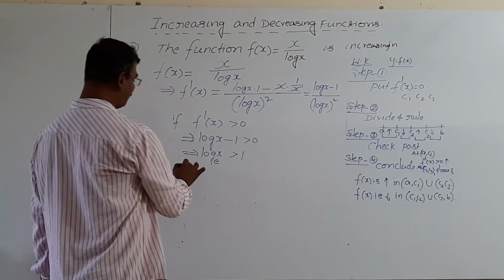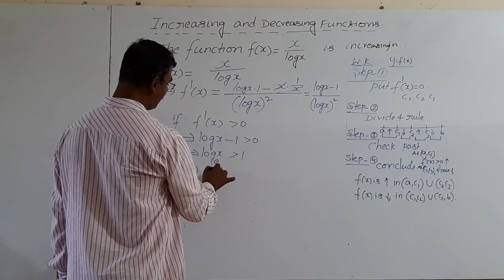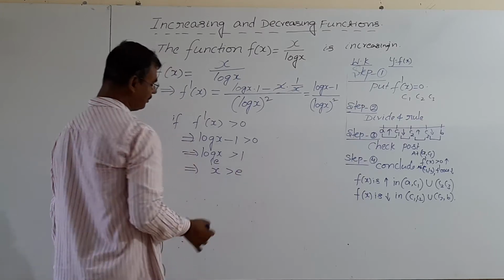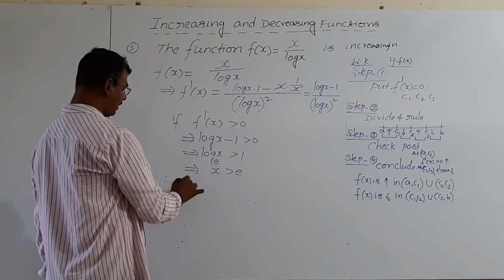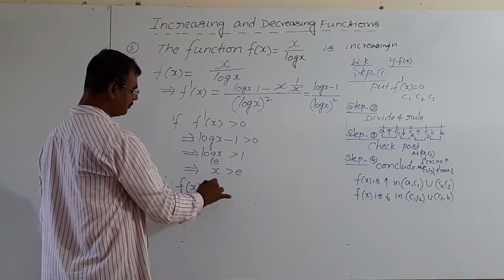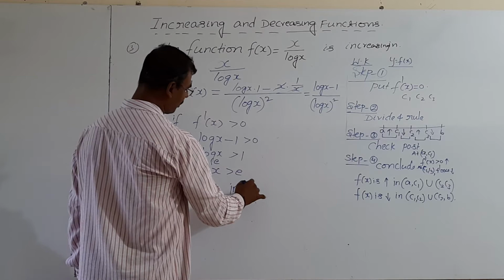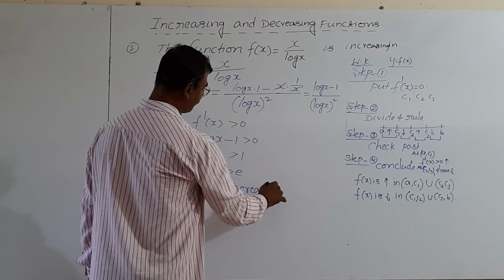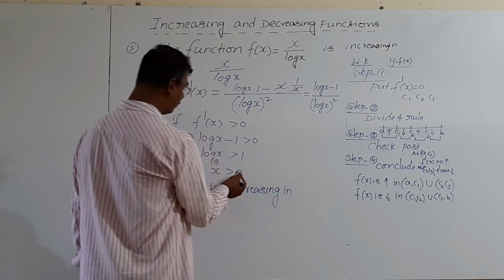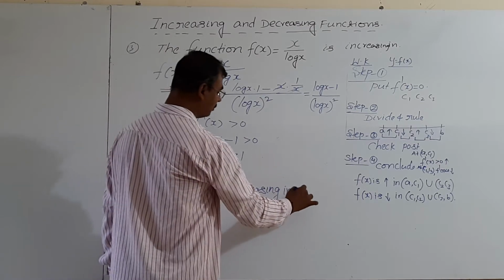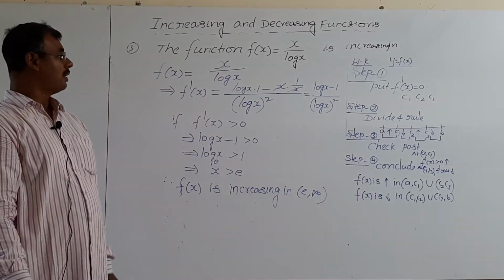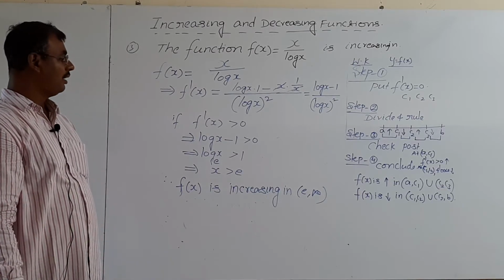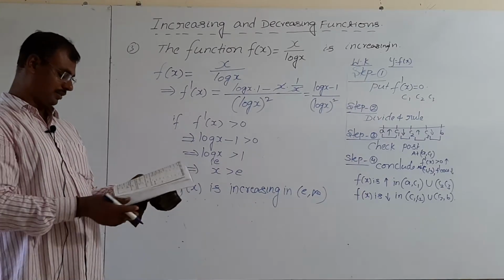By the definition of the logarithmic function, x is greater than e. That means f of x is increasing in which interval? In x more than e, so e to infinity. The function is increasing in the interval e to infinity.